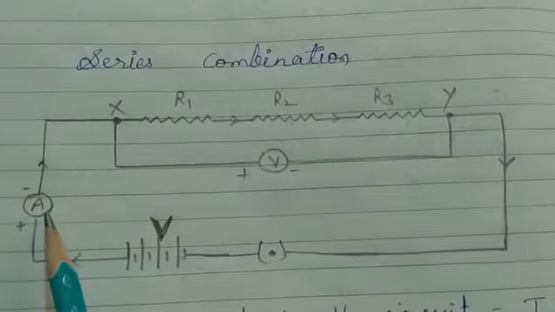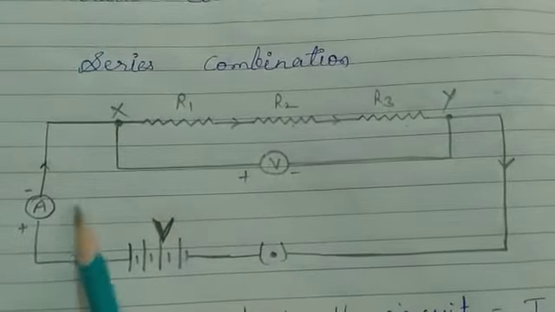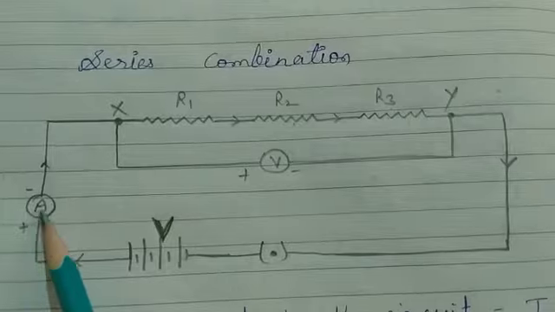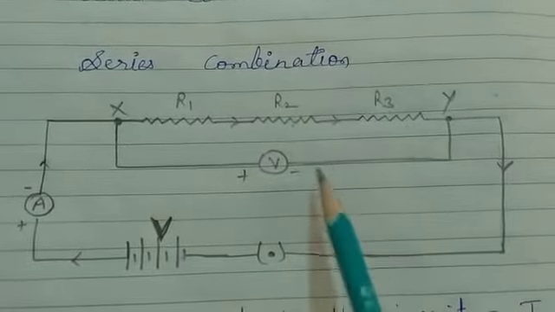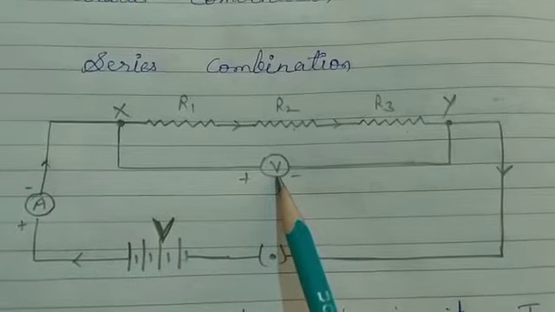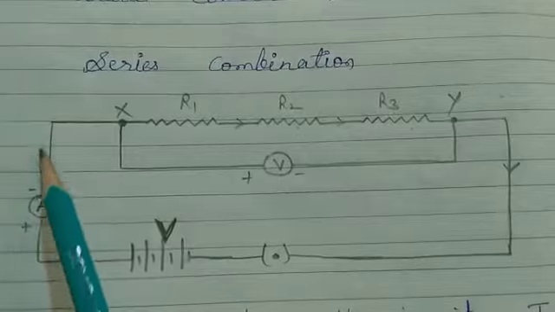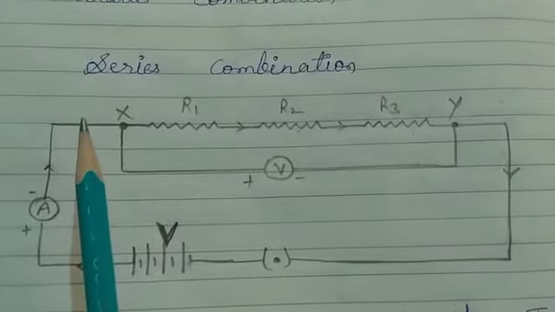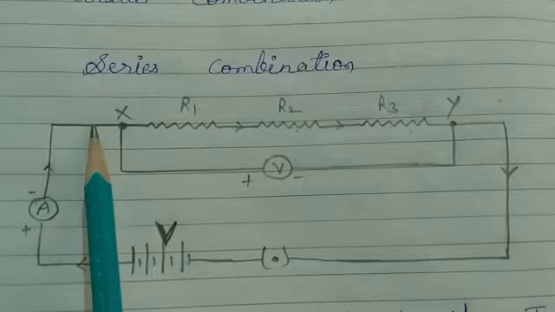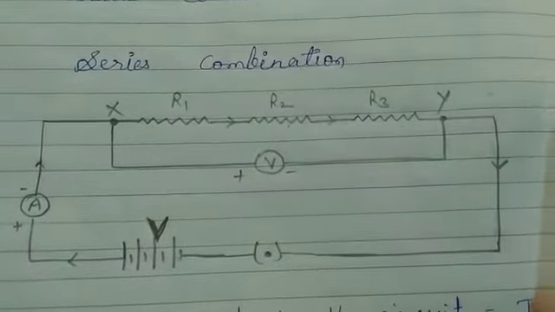Then we have to measure the current and voltage both. To measure the current, we have connected the ammeter. Now to measure the voltage, we will connect a voltmeter. The voltmeter is connected in parallel, so it will not go in series. When components are connected one after the other, that is called series.